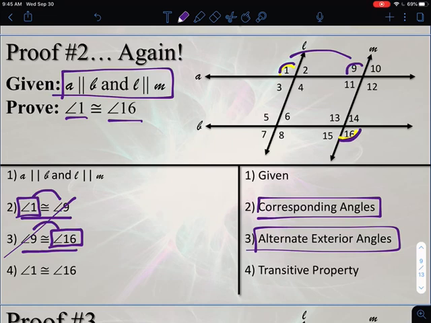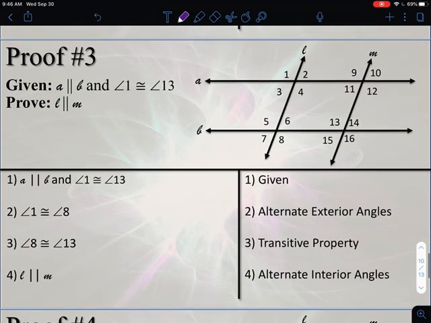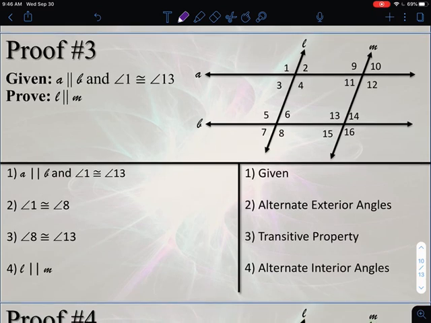I can get rid of that extra 9. 1 goes to 16 by transitive. So with these proofs, there are lots of different ways to get from step to step. You can use any angle pairs that you need to, as long as both sets of lines are parallel.